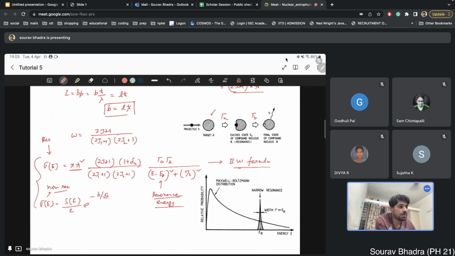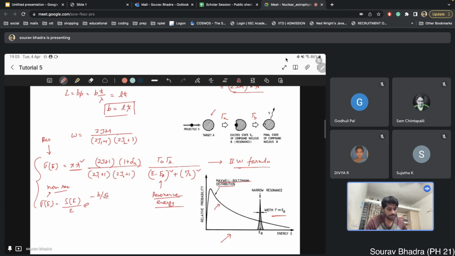This is a very brief overview, and if you go through the other material also, there is a picture where many multiple things have been plotted. The Maxwell-Boltzmann distribution has been shown by this curve, and the narrow resonance for which the partial width is much less than the resonance energy.